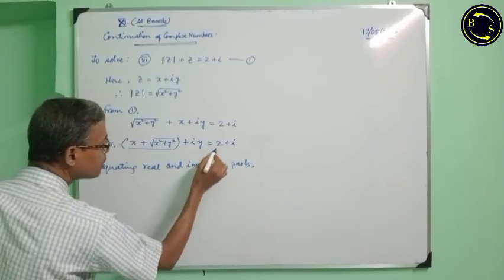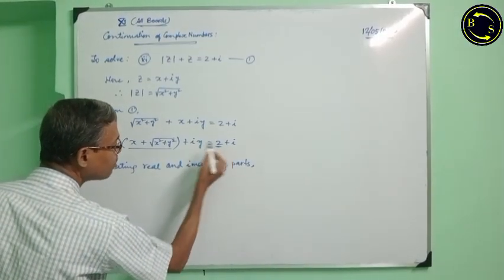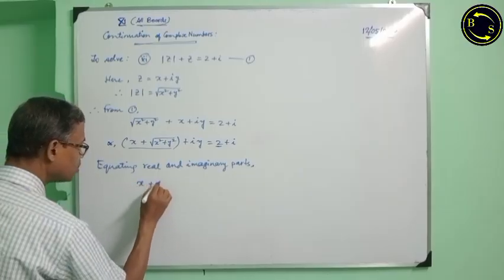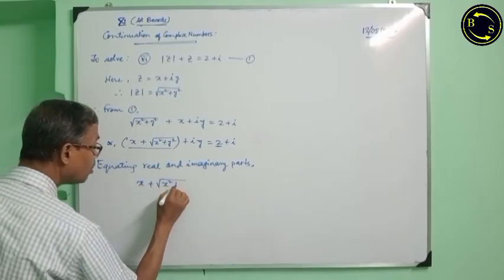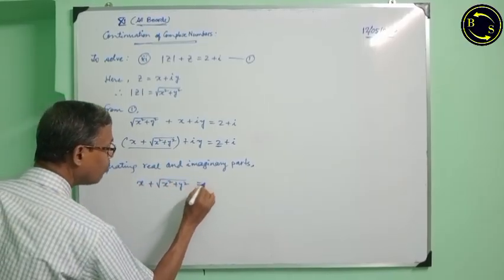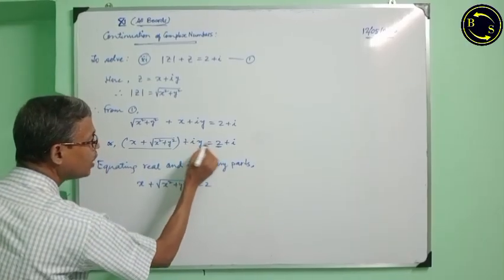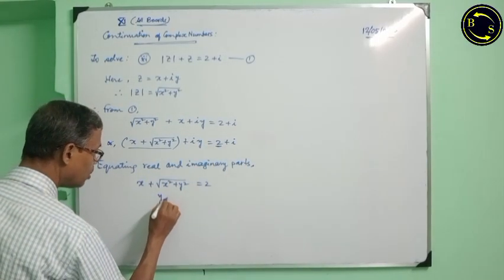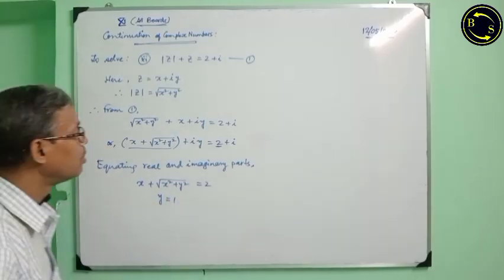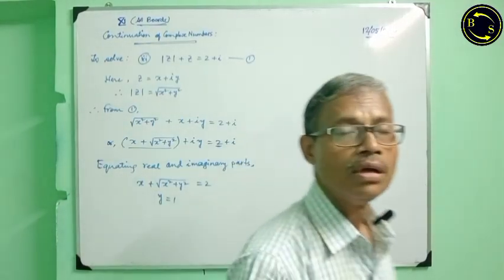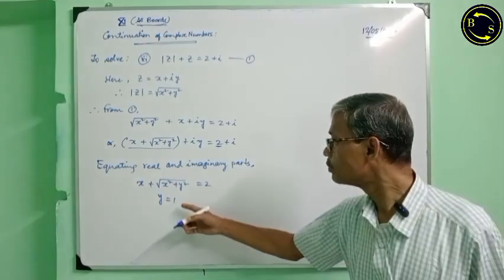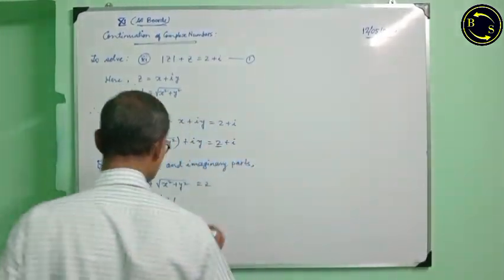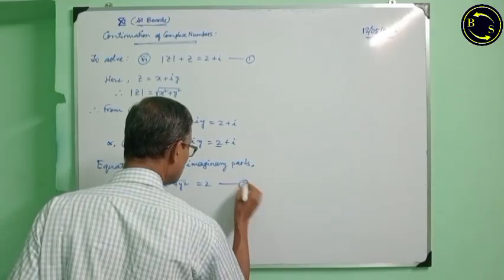Then this is the real part on the left and this is the real part on the right. Therefore, x plus root over x square plus y square, and the imaginary part is y. Here it is 1. Thus we get first the value of y. I call it 2.